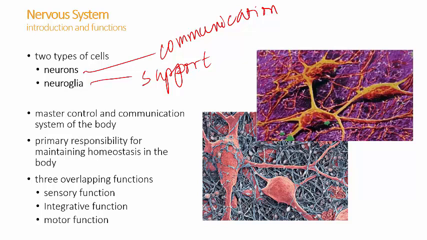And so here in the 2 pictures, these are, again, electron micrographs, and they're falsely colored. But in this top one, the neurons are, if you can follow my cursor here as I move around, these are the neurons in yellow. And then the purple stuff all around them are the neuroglia, and some of this green is neuroglial cells as well.